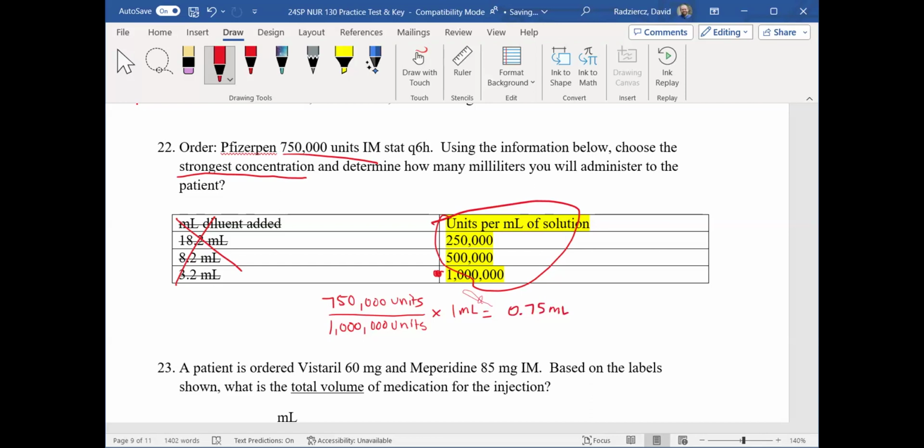Now, there's a chance that the key is wrong on that, because sometimes if I went through and changed these questions, I may have forgotten to change the key. But that's why I'm redoing some of these questions with you. And then you can see that it's written there. The answer tells you that it's 0.75. That is your answer. You don't round that to 0.8. The reason you don't round that to 0.8 is because this number is less than 1, and numbers less than 1 get rounded to the nearest hundredth place. So you need two numbers after the decimal.